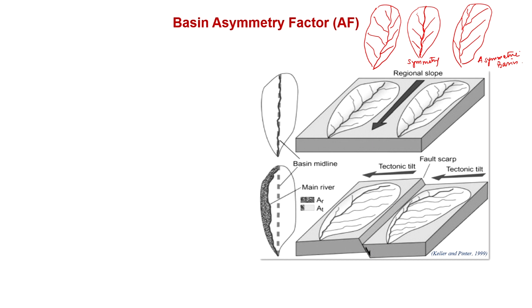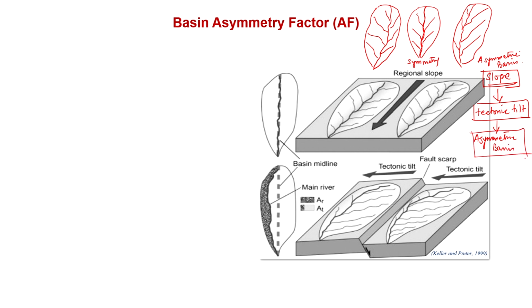Now, basically, how the drainage has developed, one factor which is very important is your slope. So, if there is a change in the slope of the area, and that could result from a tectonic tilt, then you can get asymmetric basins.